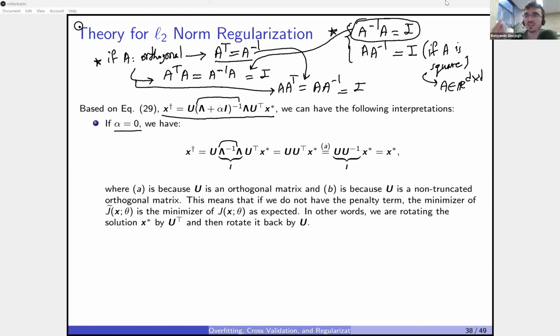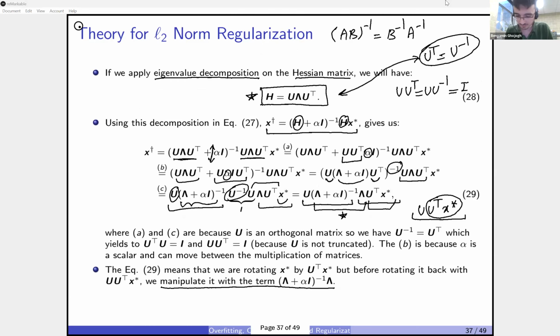It's a square matrix. What do I mean by truncation? When we have a matrix A, we select some of its columns and get rid of some of its columns. It means truncating that. If I don't truncate that, it means that I use all of its columns. For example, in eigenvalue decomposition, I know that U is an orthogonal matrix, and if H is D by D, U is also D by D. So U is already a square matrix.